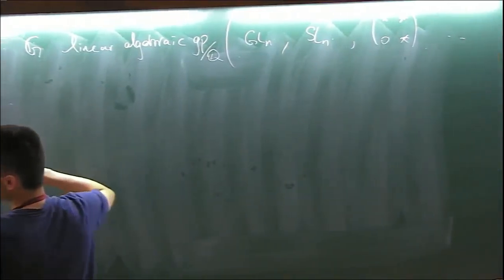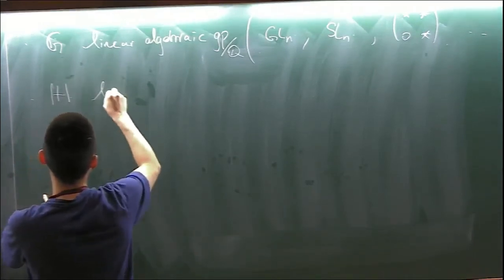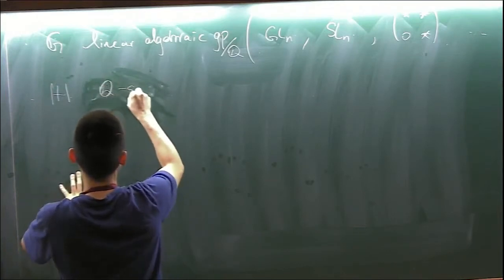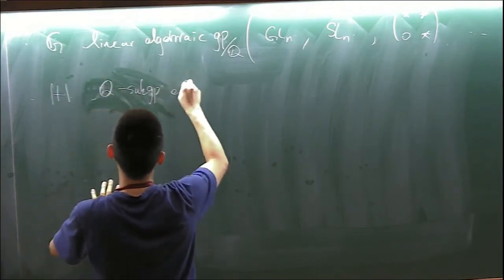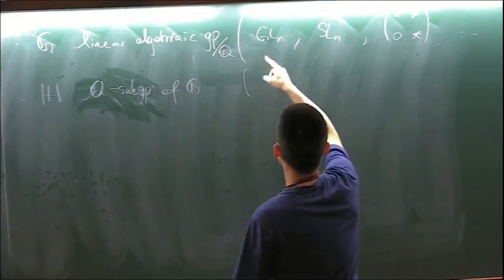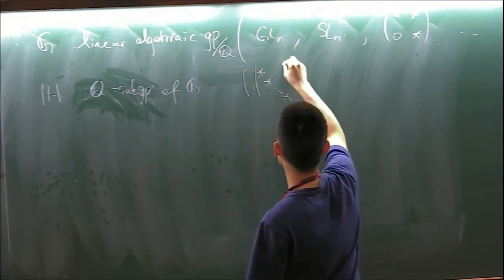And now instead of writing T, I want to write H. It's a linear Q-subgroup of G. I also want to give you some examples. Here you can take the full diagonal torus inside.